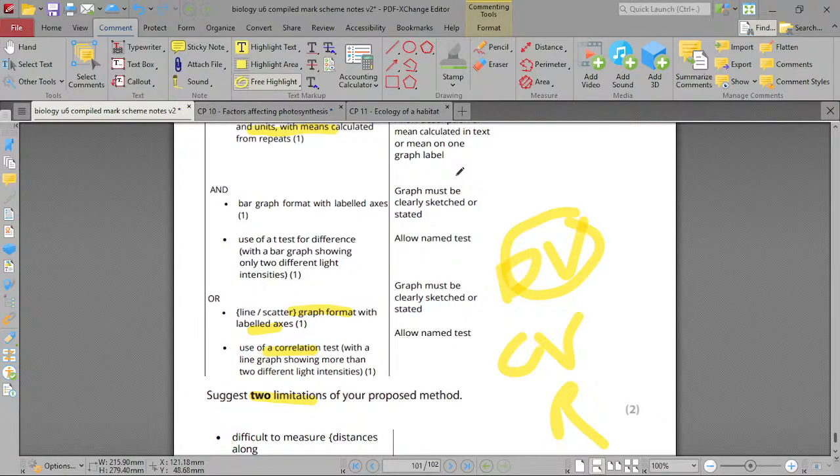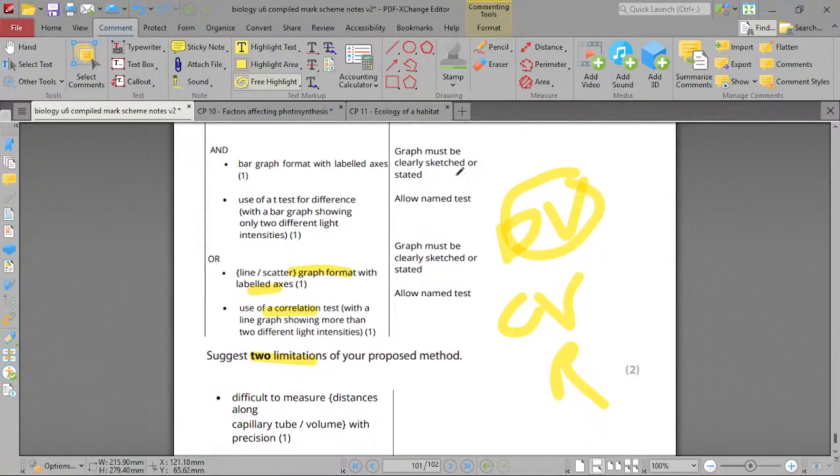Control variable, it's hard to control the temperature of the water, it's hard to control the surface area of the plant. And results, the results may not be completely accurate because in nature the abiotic conditions like temperature change throughout the day.